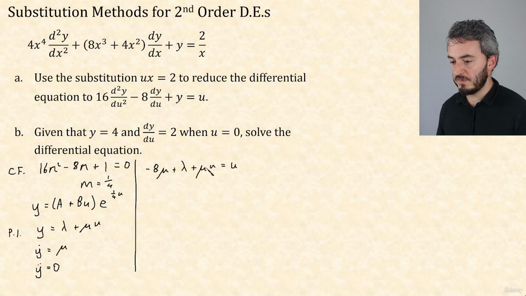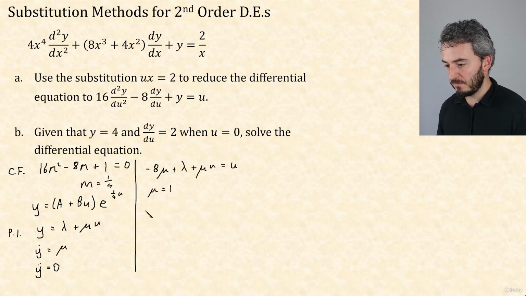Okay, comparing coefficients, how many u's do we have on each side? We've got mu of them on the left and 1 of them on the right, so mu is 1. We've got no constants on the right, so minus 8 times mu, which is 1, plus lambda should equal 0, and so lambda should be 8, which means my particular integral is y equals 8 plus u.